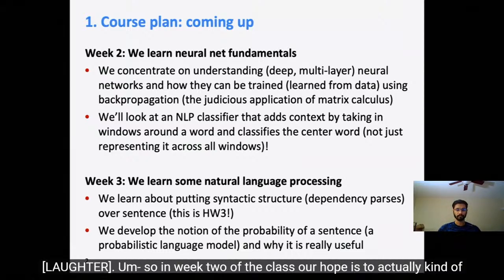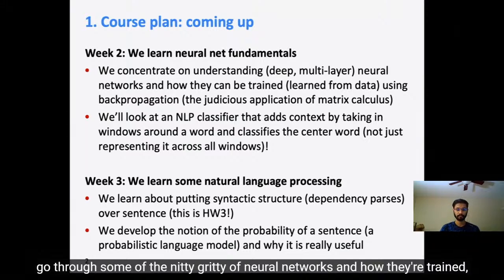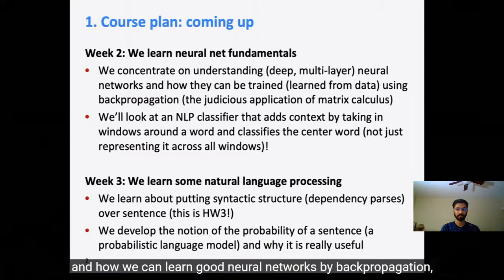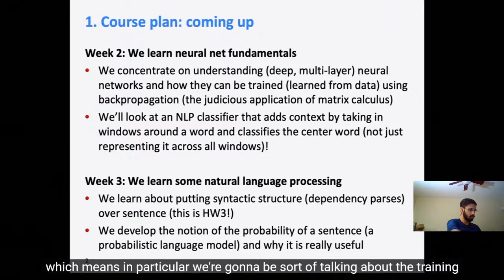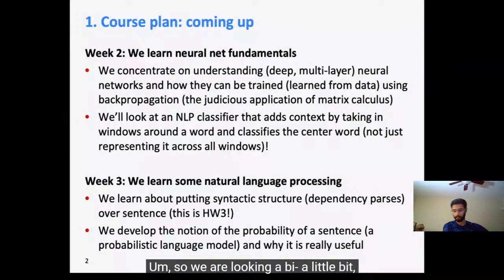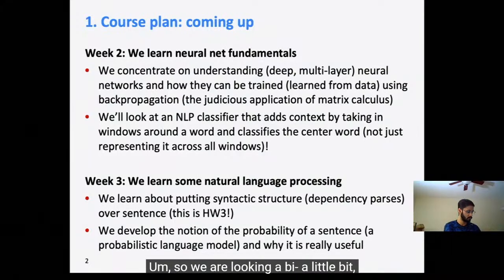In week 2, our hope is to go through some of the nitty-gritty of neural networks and how they're trained and how we can learn good neural networks by backpropagation, which means in particular we're going to be talking about the training algorithms and doing calculus to work out gradients for improving them.